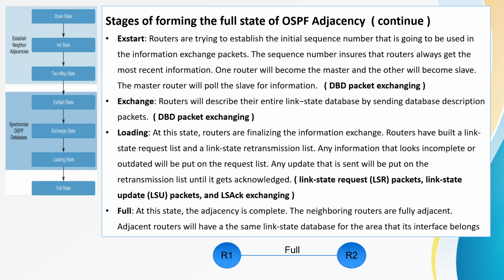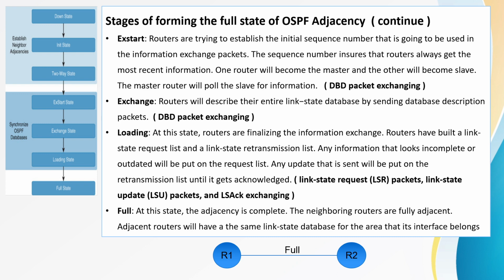In that state, the link state update is flooded first. Then after the link state update is flooded, if they still have incomplete information, the router will send a link state request, and its neighbor will respond to this link state request by sending a link state update.